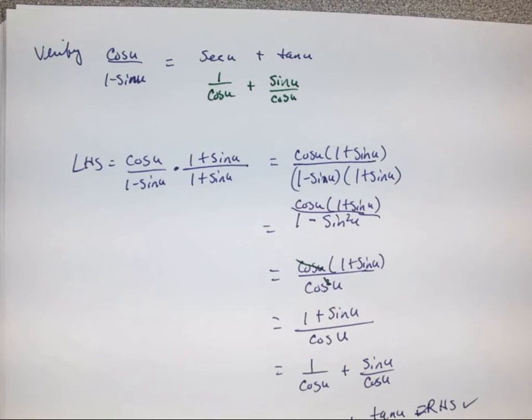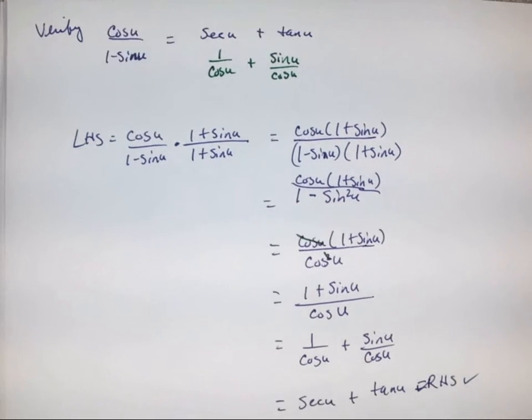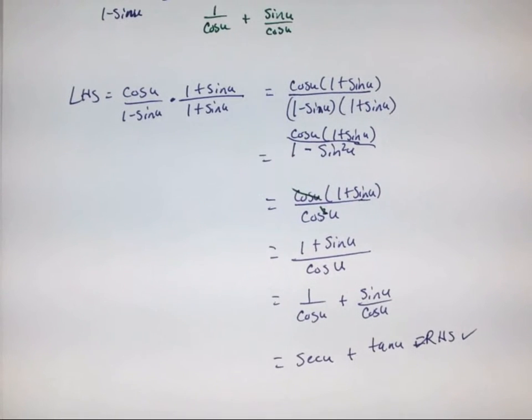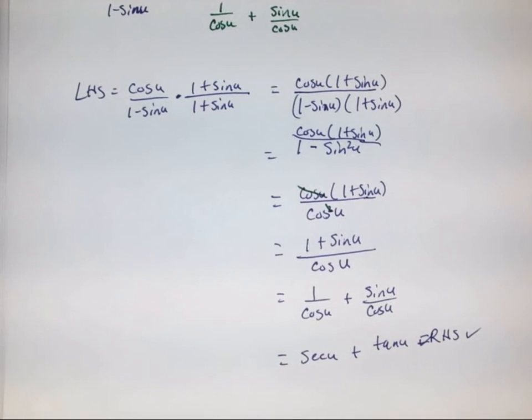So let's go look at another example. So we're going to verify something, and sometimes both sides are complicated. Neither one is an easier side than the other.